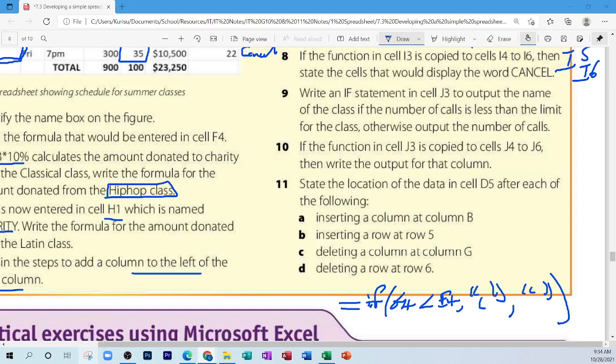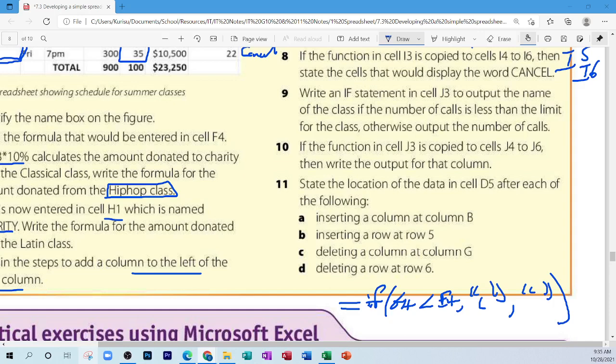Shalon? Yes, sir. Answer to question 9. Sir, I skipped question 9. Okay, Suresh?